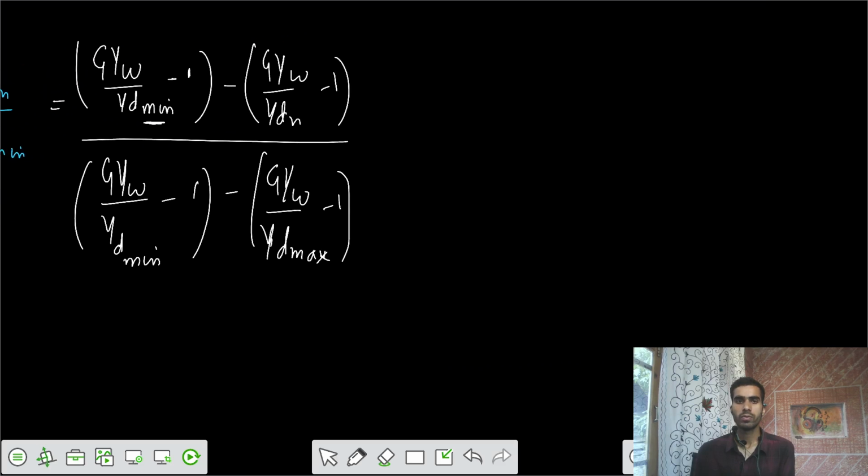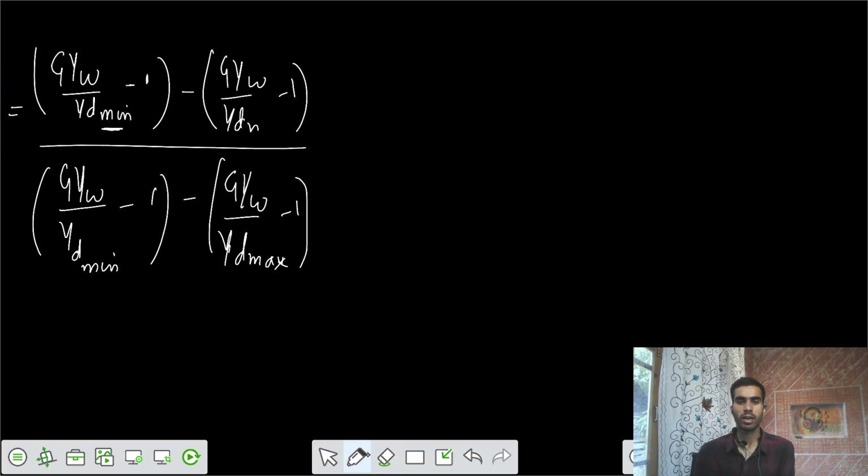Now we need to simplify this equation. G gamma W is everywhere, so you can keep the G gamma W outside.